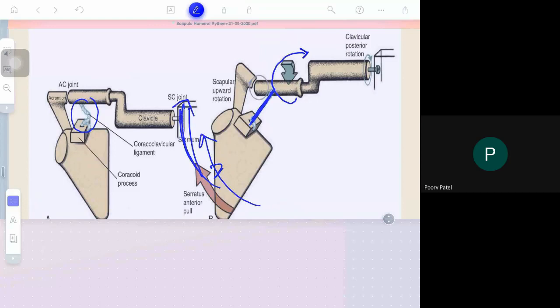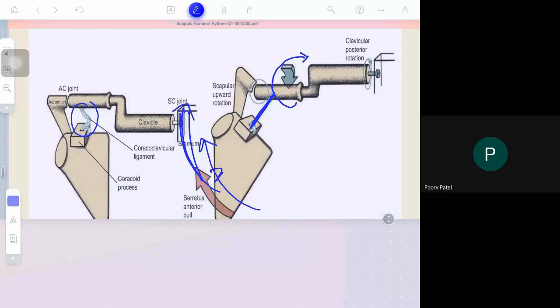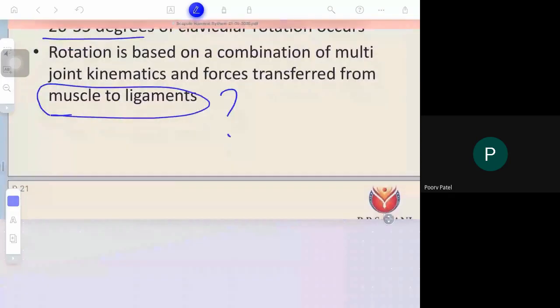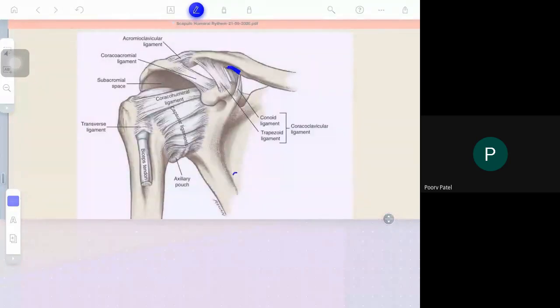Why is it rotating posteriorly? Because you see the ligament attachment is posterior here. When this ligament is pulling in this direction, the clavicle will start rotating in the posterior direction.